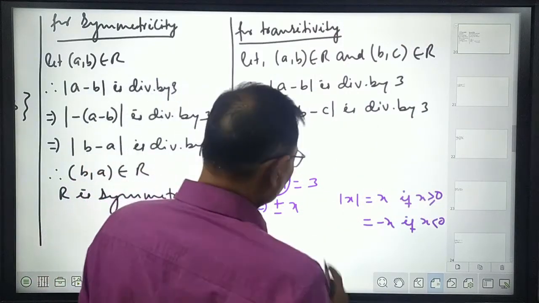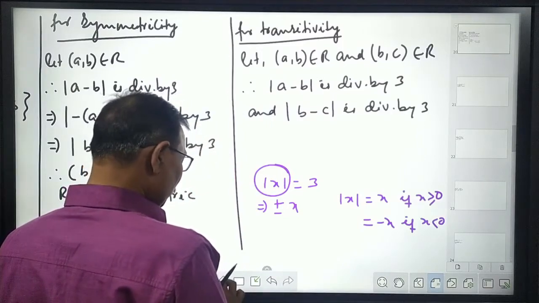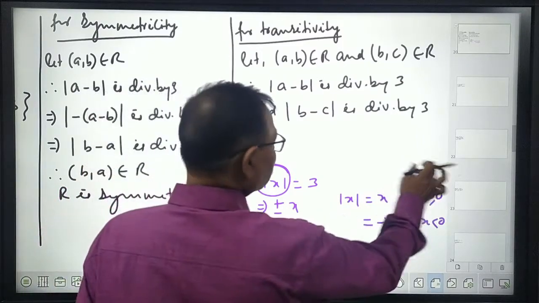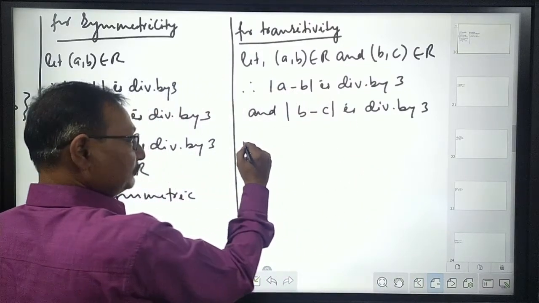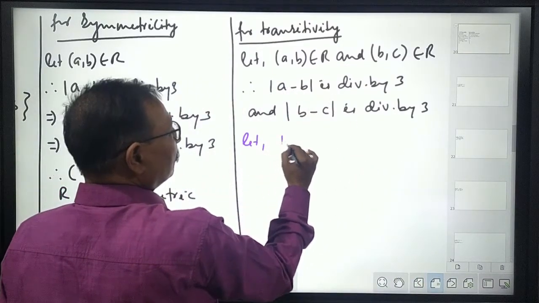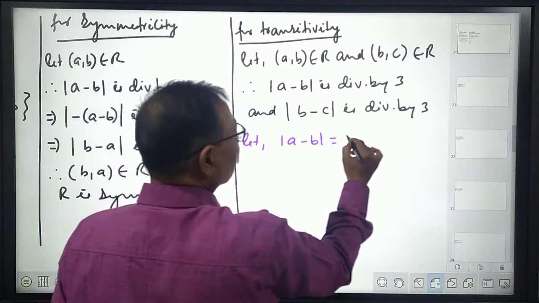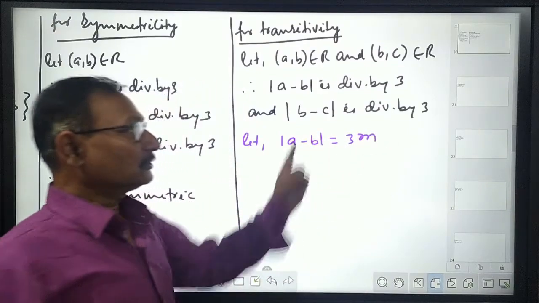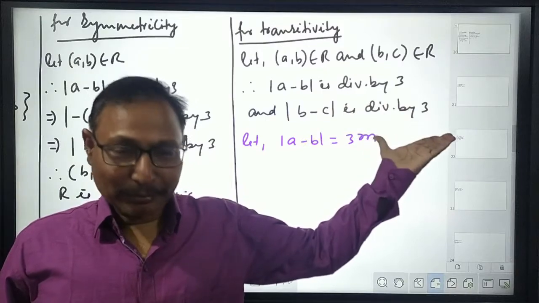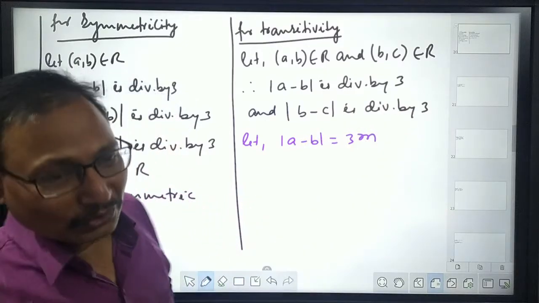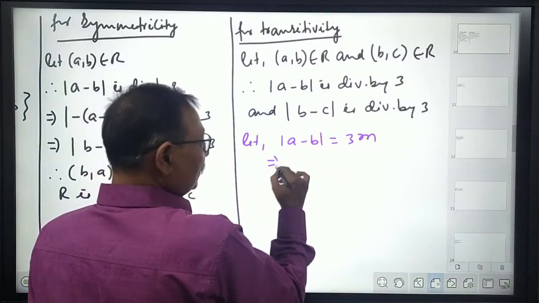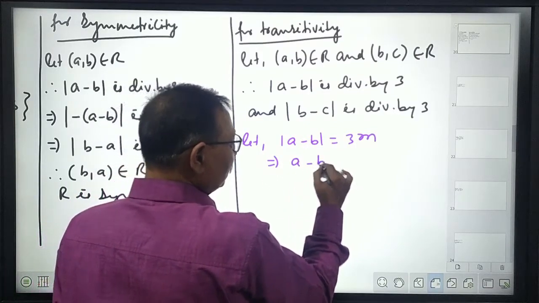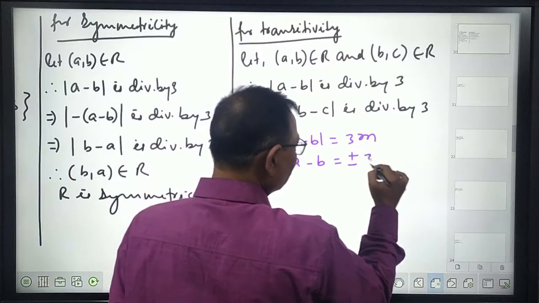So first of all, we suppose let modulus a minus b is equal to 3m, because it is divisible by 3, so it will be a multiple of 3. Now it can be written as a minus b is equal to plus minus 3m.